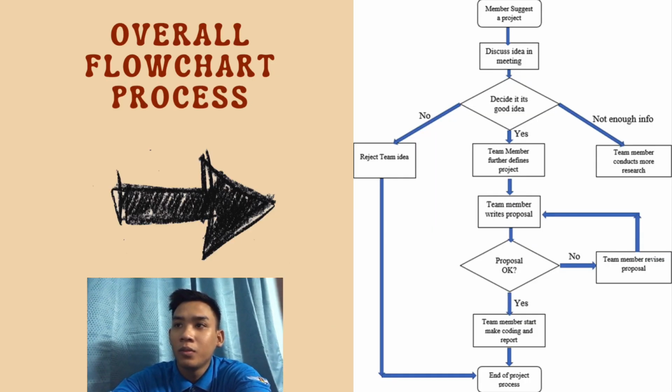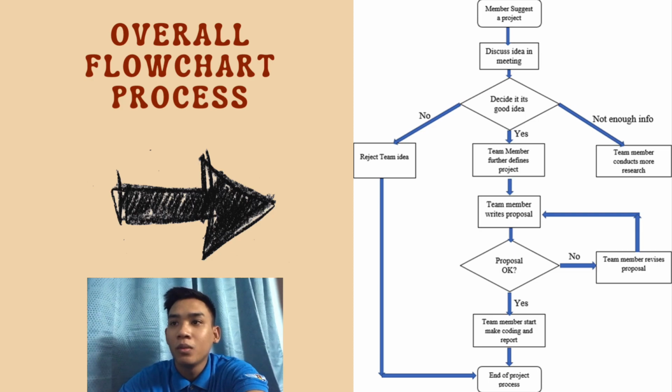For the overall process, members suggest a product, then we discuss the idea in a meeting, and we decide if it is a good idea. If no, our team rejects the idea. Some team members conduct more research because there is not enough info.